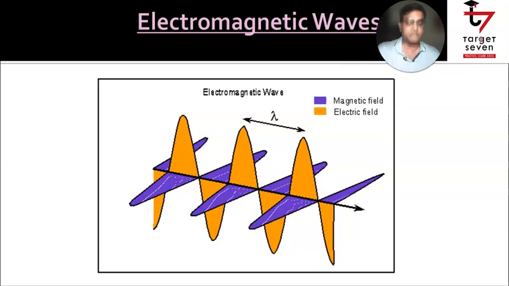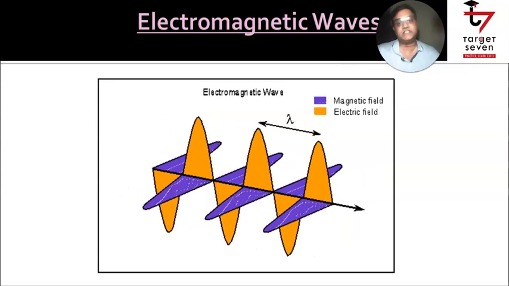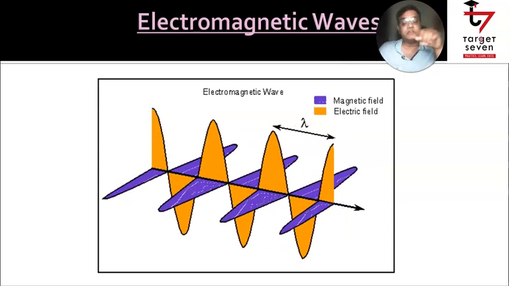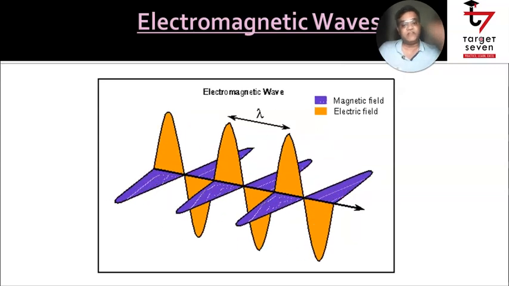When it comes to radiation, we need to understand that there are 7 different types of electromagnetic waves. The reason why they are called electromagnetic waves is because radiation is transferred in the form of an oscillating electric field and magnetic field, as can be noticed very clearly.